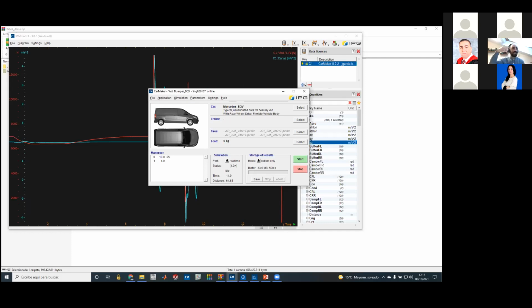The perception in Z is not the same as the perception in X, but let's say that broadly speaking, the human body is not able to perceive vibrations below 0.05 meters per second squared. So if we can take our system below this level, we can consider that our system is quiet or not vibrating.